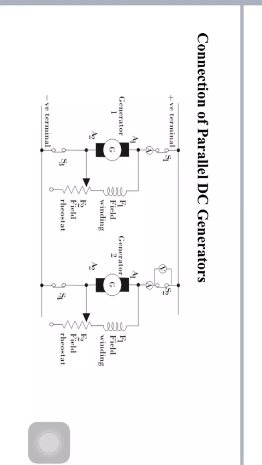Then open circuit breaker 1, and then open the main switch S1, so that generator 1 comes out. Now only generator 2 is supplying the load. So when we want to shift the load from one generator to another, we have to adjust the field excitation.